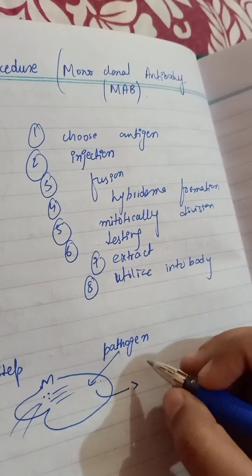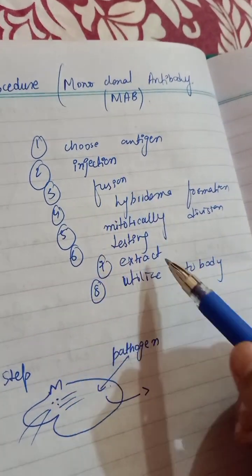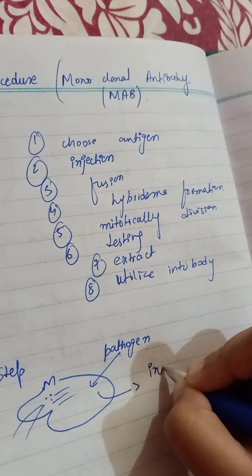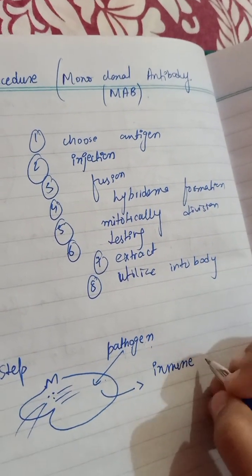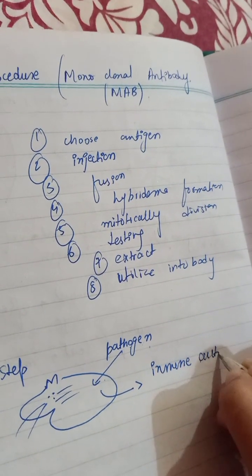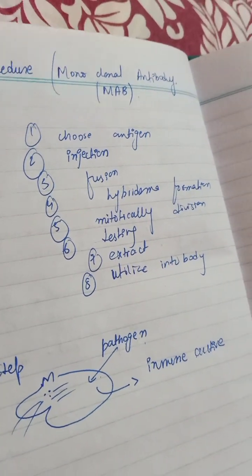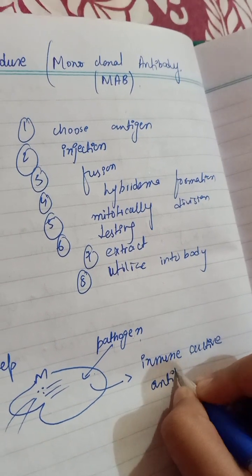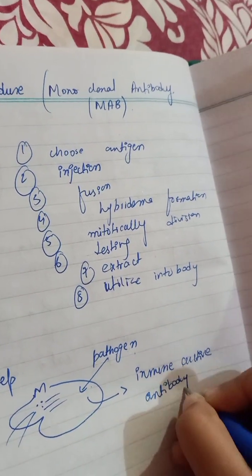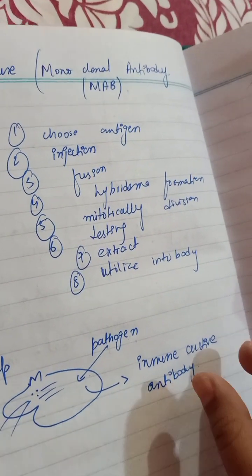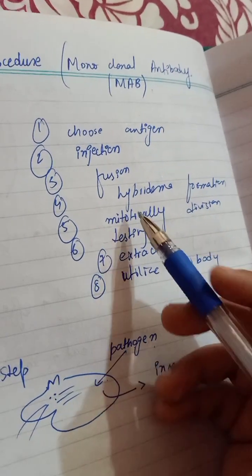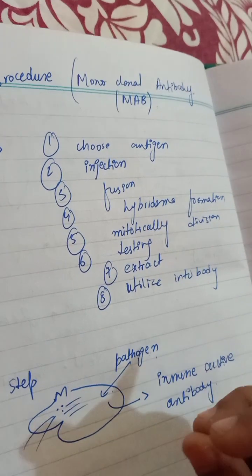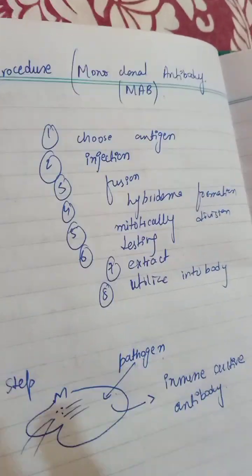The immune system of the mice will become active, and their plasma cells will start to make antibodies. But it will die. Why? Because our step 2 is injection. After the pathogen is inserted into the rat body, after 6 to 10 days it will die.